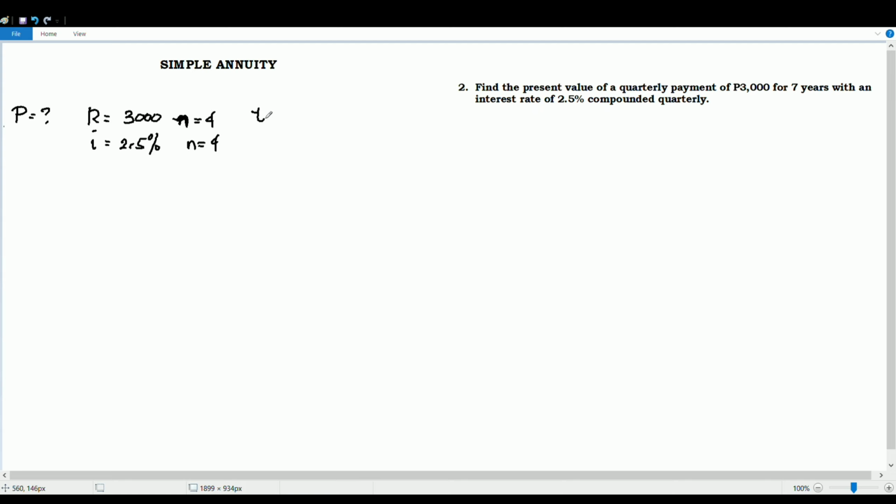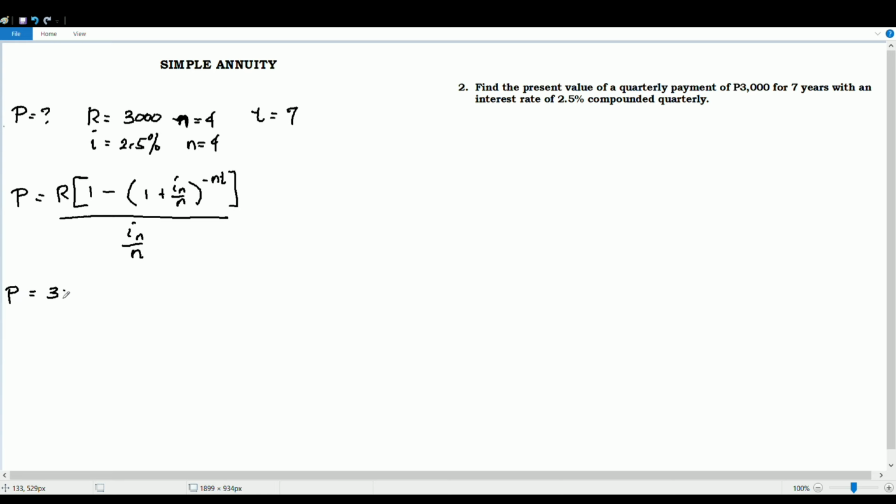Another, we have a term of 7 years. That's all that we have. So let's proceed with the formula. P is equal to R times 1 minus 1 plus i subscript n over n raised to negative nt, close bracket, over i subscript n over n.